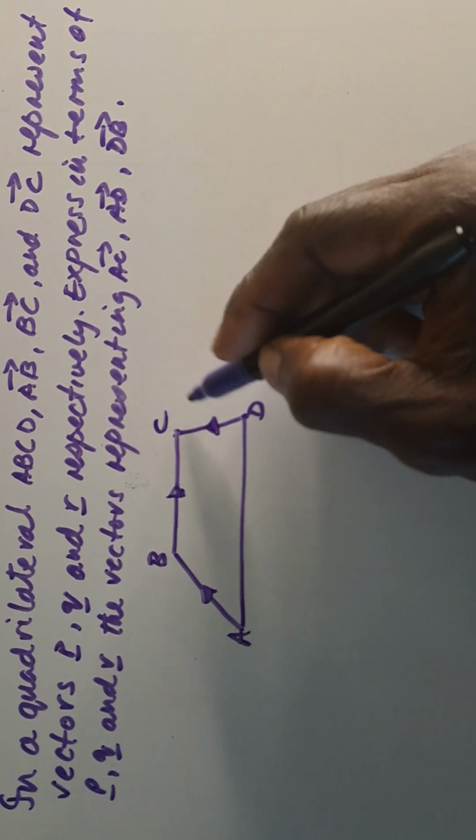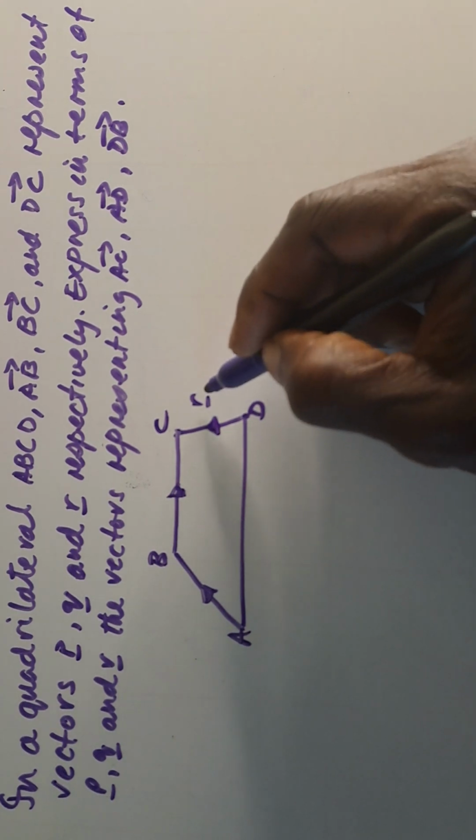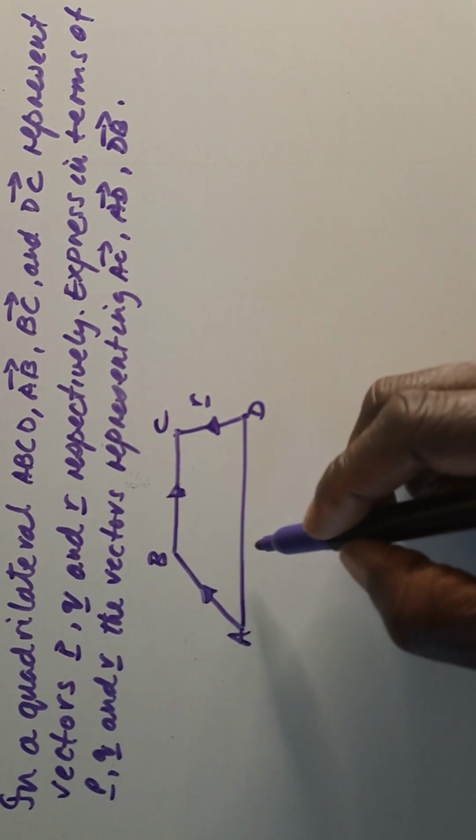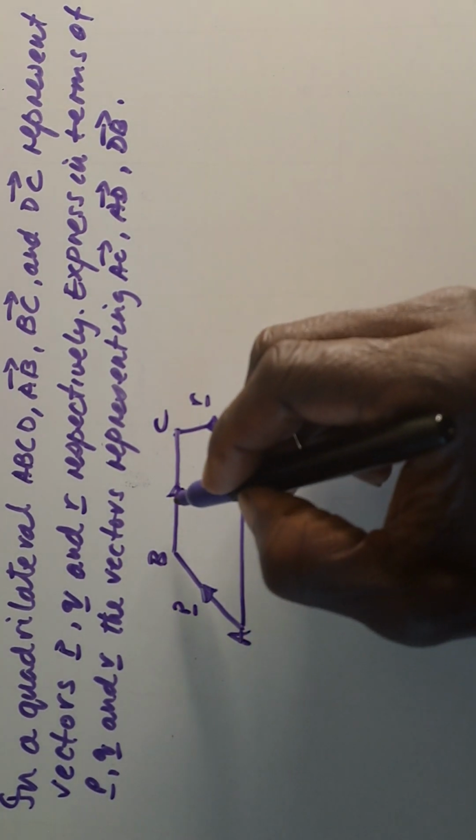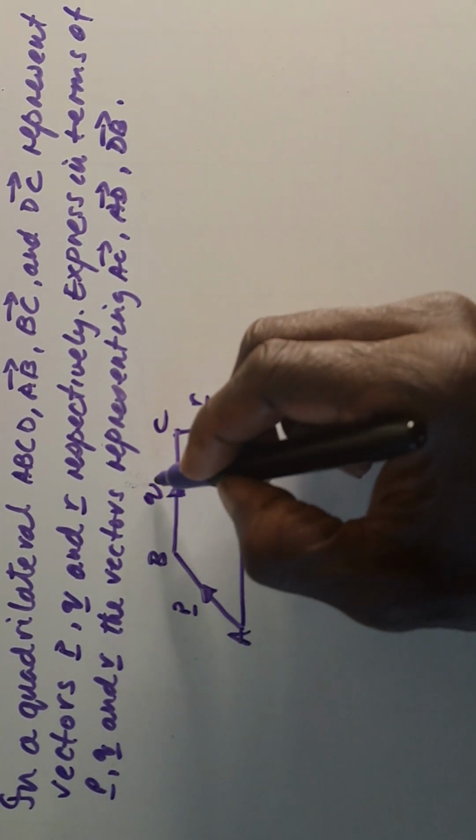So the direction is DC. So this is R, this is P, and this one is Q.